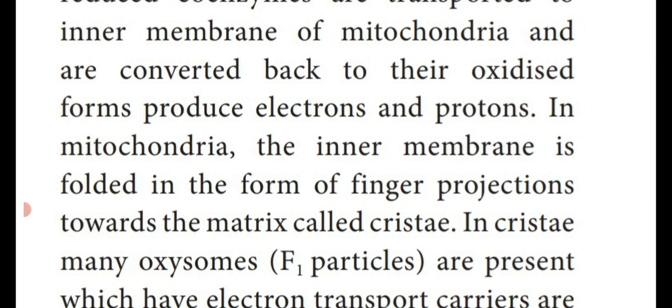So in glycolysis, link reaction and Krebs cycle, these coenzymes get reduced into NADH2 and FADH2. They are transported to the inner membrane of mitochondria. They are again oxidized and release electrons and protons.